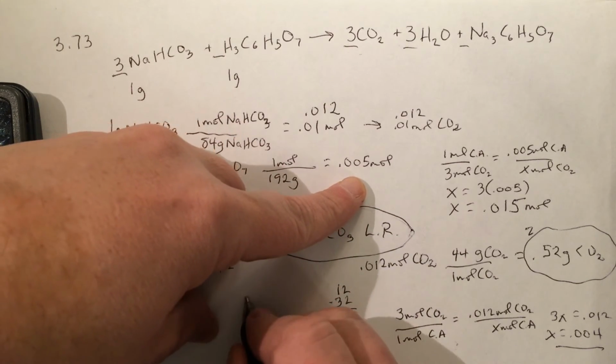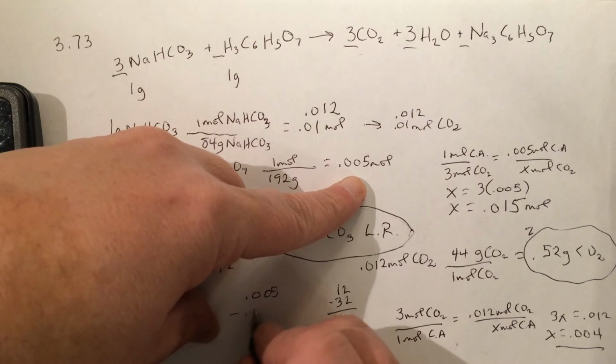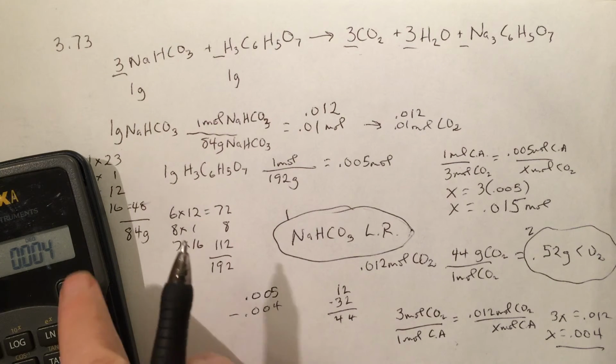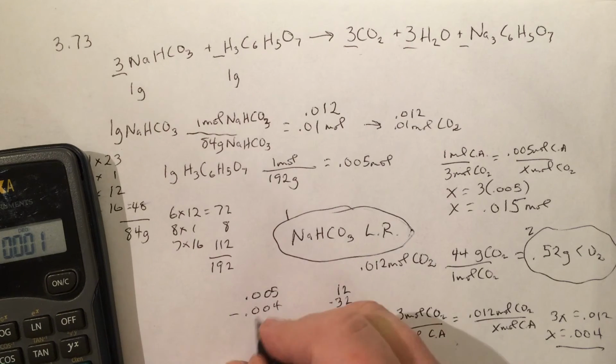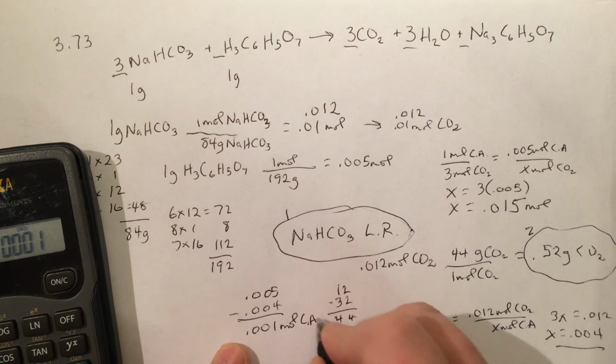So I'm just going to subtract that. 0.005 minus 0.004, and I bet it's 0.001. Well, look at that. This is 0.001 mole of the citric acid left over.